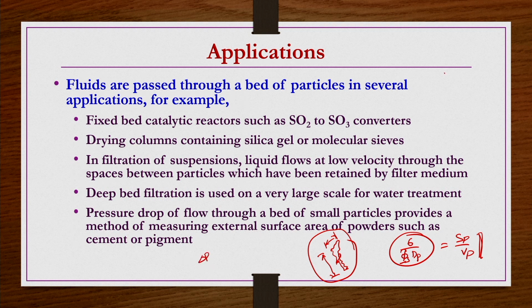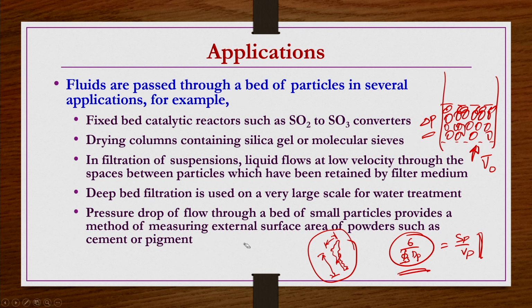We can take these particles in a column as a packing material like this, right, and then allow some non-reacting, non-corrosive fluid to flow through these particles forming the bed, and then for this bed, for this velocity V naught bar, you calculate the pressure drop experimentally, right.